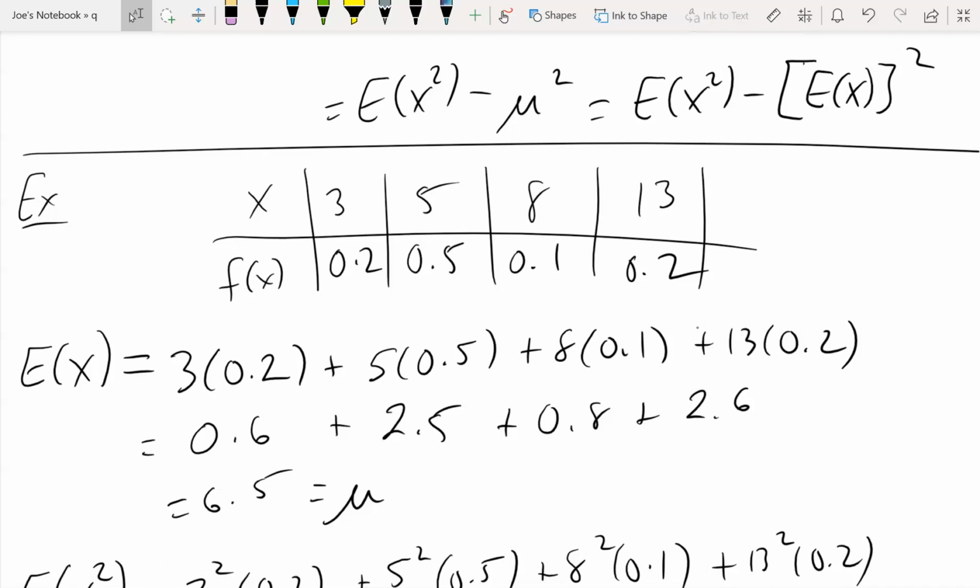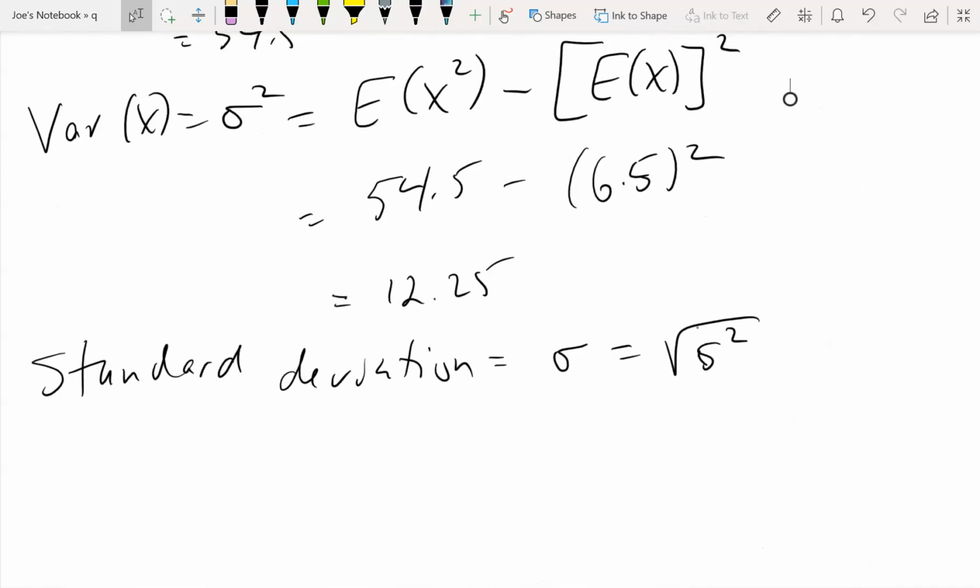This process of being able to compute the variance, okay? Just doing probability times the value for x and being able to do the variance. An example problem we would be given is our x's, or you'll be given a formula for the PMF and then plug the x's in.